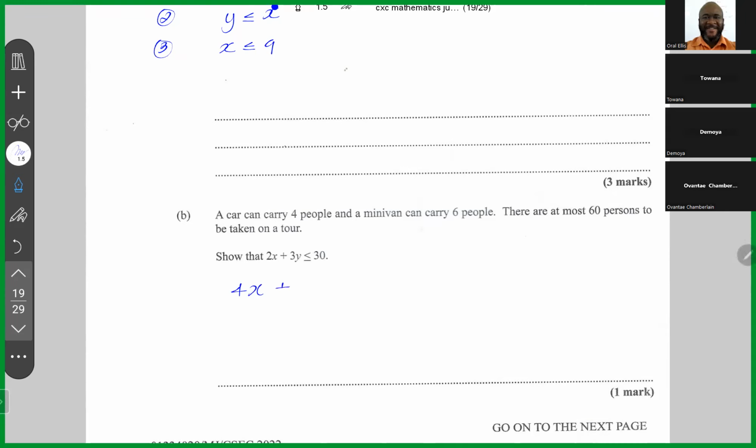The first inequality is x plus y is greater than or equal to 8. The line associated with that inequality is x plus y is equal to 8.